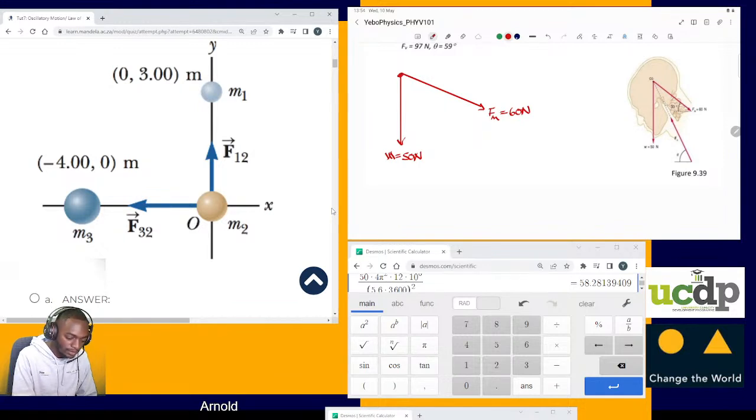Okay, and we are to get this resultant force.